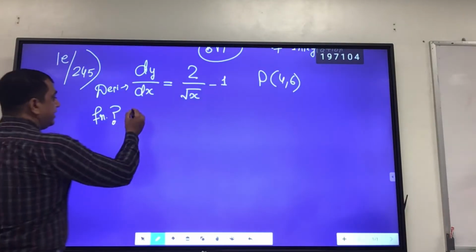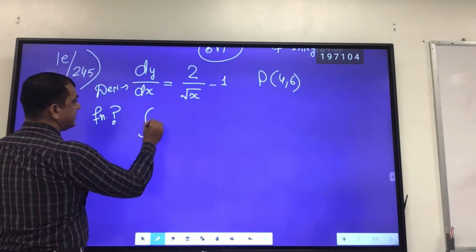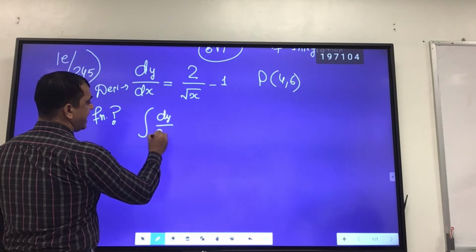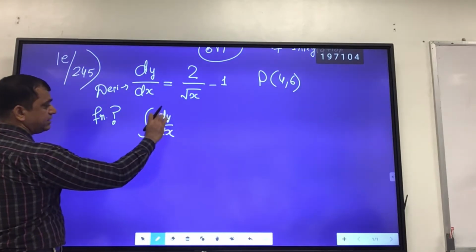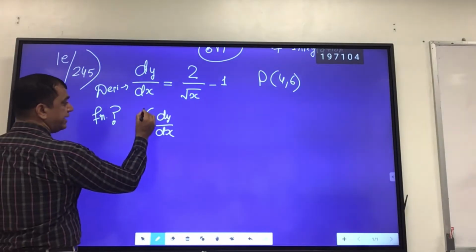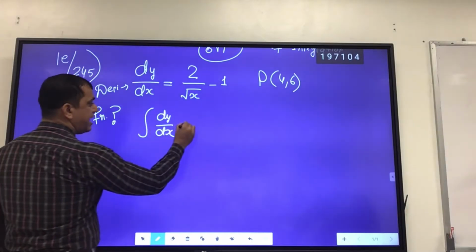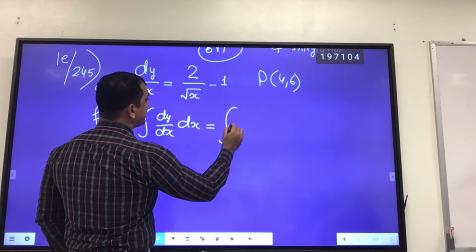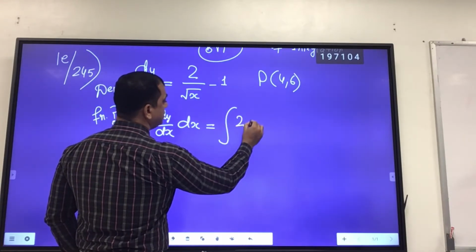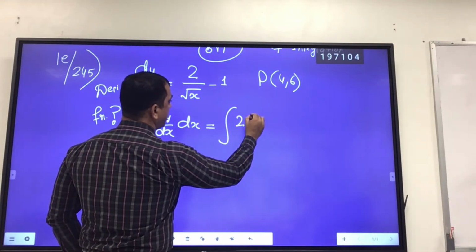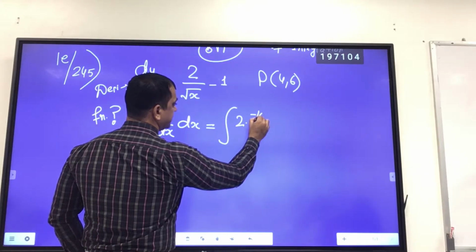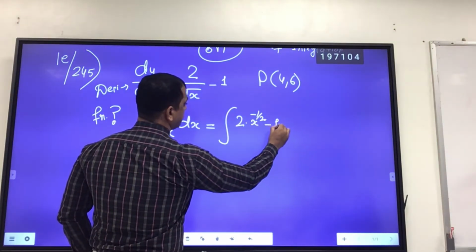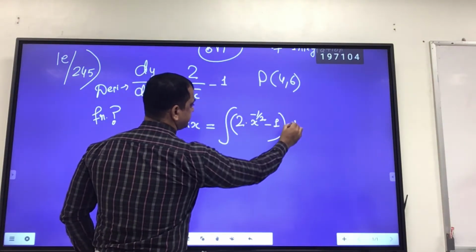So, integrating both sides, I do like this, dy/dx. I'm integrating this function, dy/dx. So, integration means this symbol and then dx here, right? Integration on this side is 2 into x power minus half, minus 1, dx.